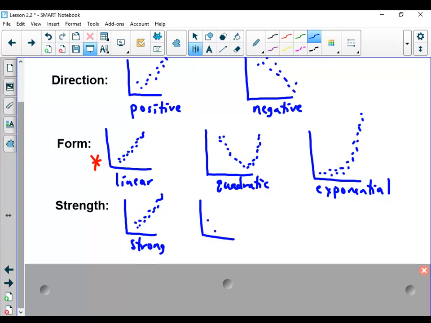If my values are kind of all over the place, that's going to be the opposite. It's going to be weak.